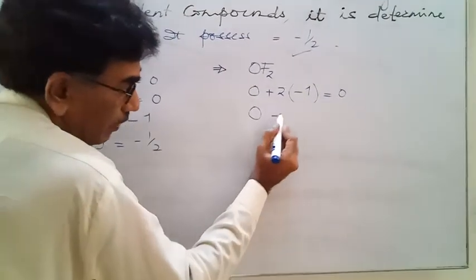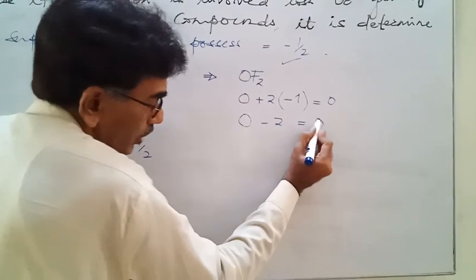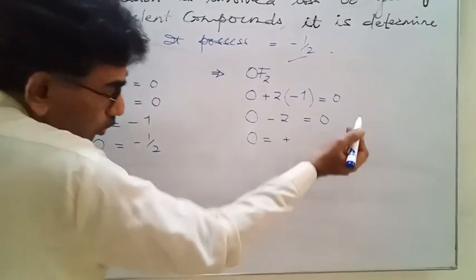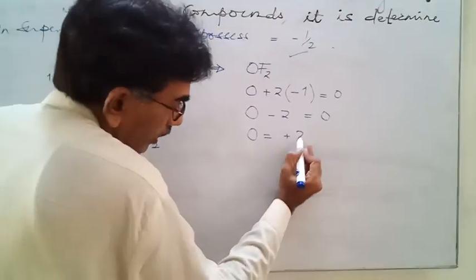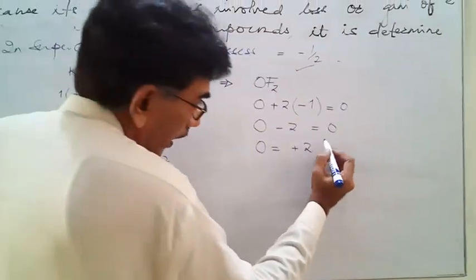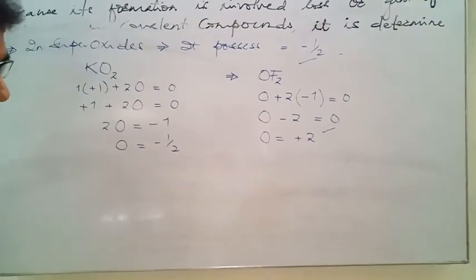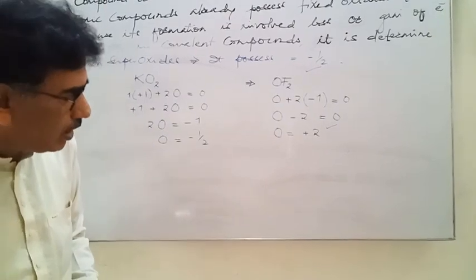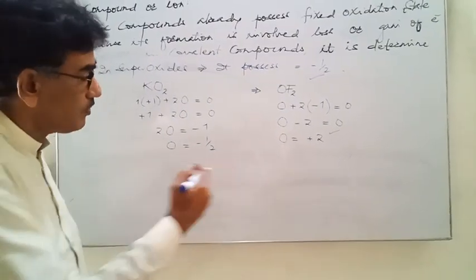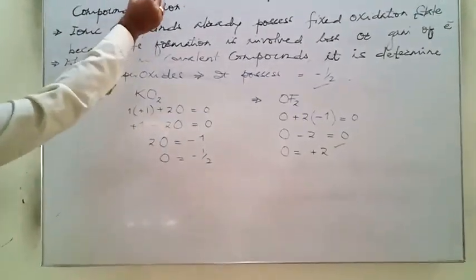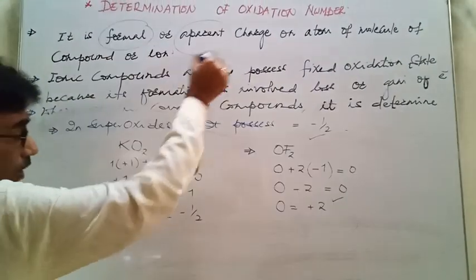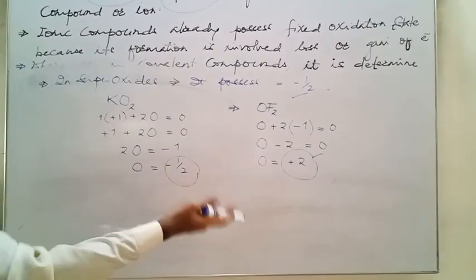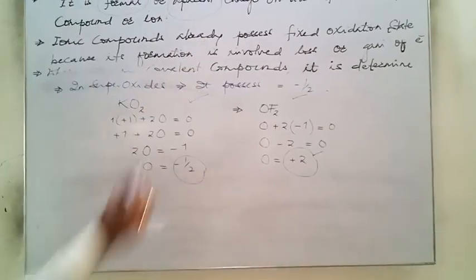So oxygen plus (-2) equals 0, and when the -2 is shifted to the right, oxygen becomes +2. In this case you can find a change in both the charge and the number. The words we came across earlier, formal and apparent, with minus, plus, and a change in number, can express this.